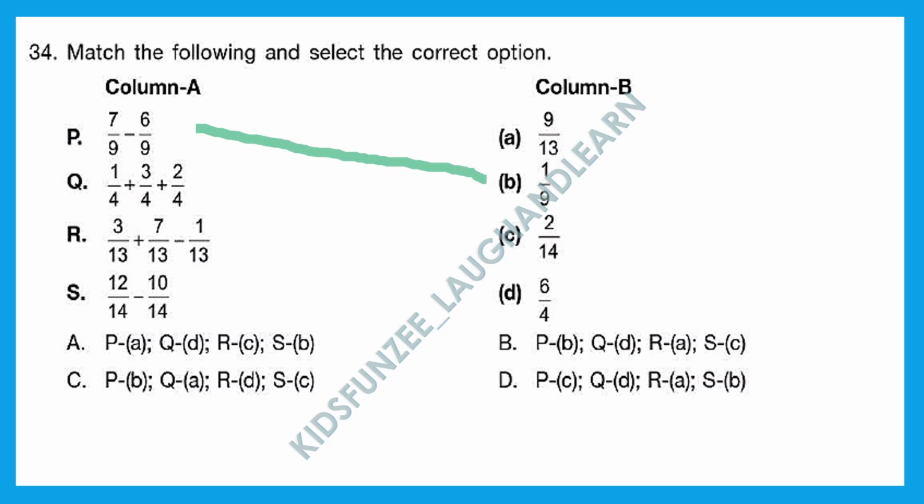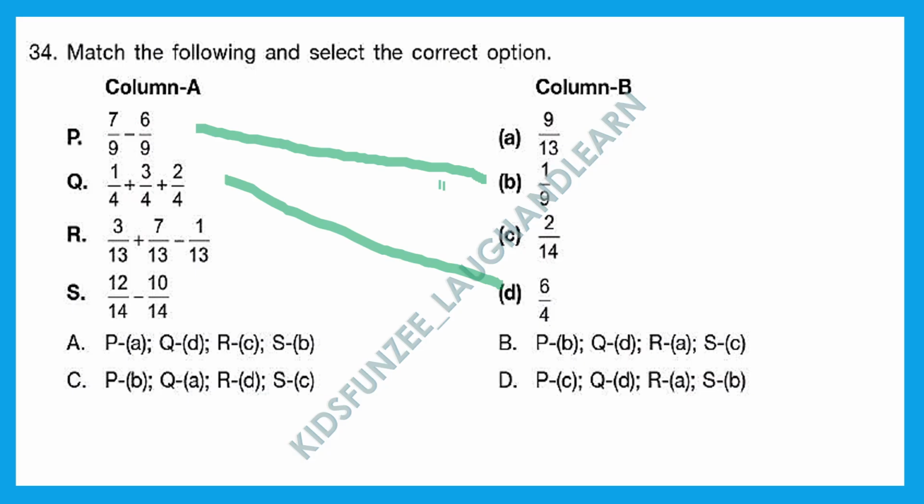Now let's see Q. 1 by 4 plus 3 by 4 plus 2 by 4. Again, denominators are same. So we'll just add it. 1 plus 3 is equal to 4. 4 plus 2 is equal to 6. So it would be 6 by 4. Q matches D. Next is 3 by 13 plus 7 by 13 minus 1 by 13. Denominators are same.